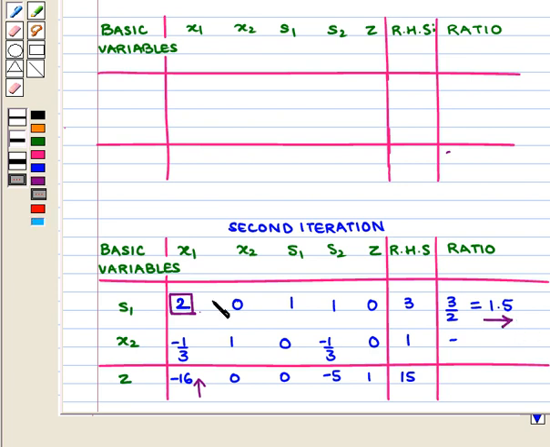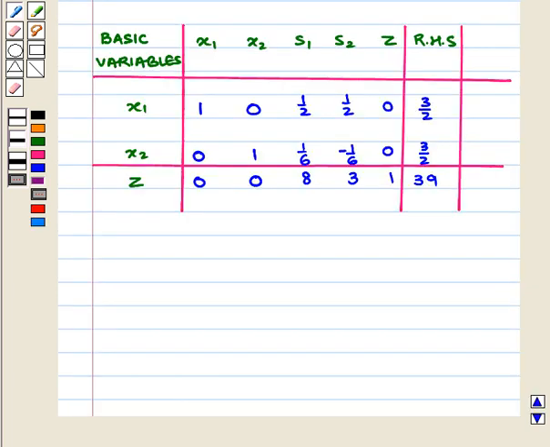Now we make the pivot element equal to 1 and all other entries in the pivot column equal to 0 using elementary row operations. So we have the following table.